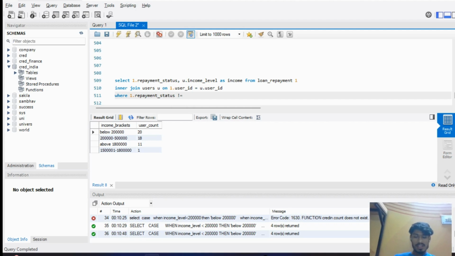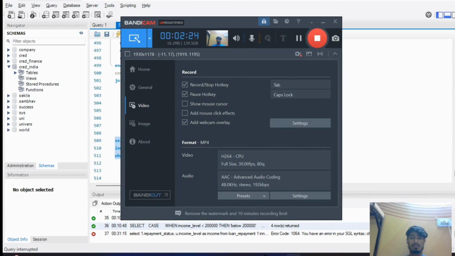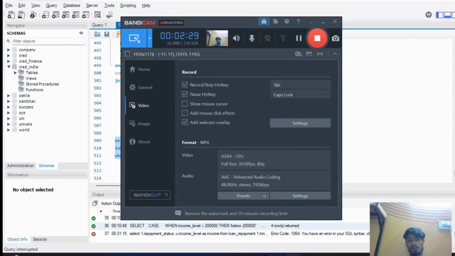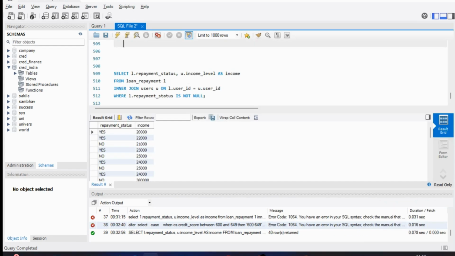The exclamation sign explains that it is not equal to. So let's convert it into capital letters.